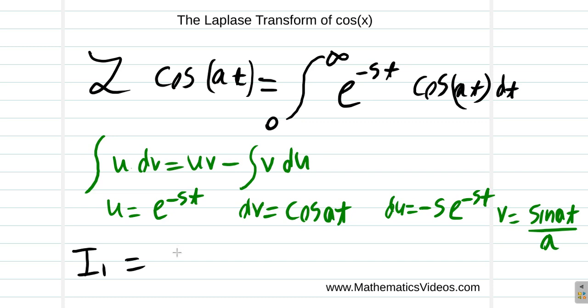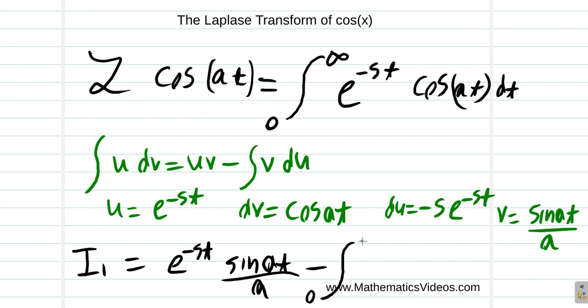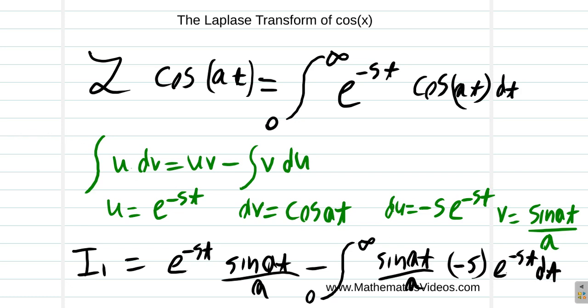So in this case, the integral of u dv is equal to uv, which is e to the negative st times sine AT over a, minus the integral from 0 to infinity of v, which is sine AT over a, du, which is negative s e to the negative st dt. Alright, good.